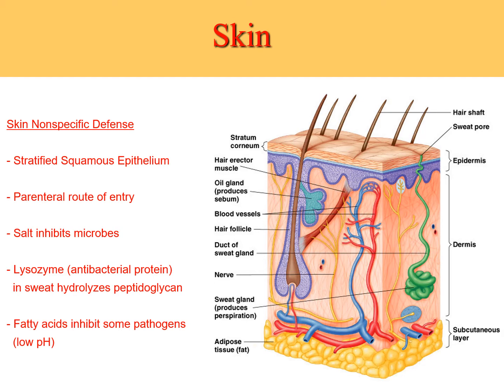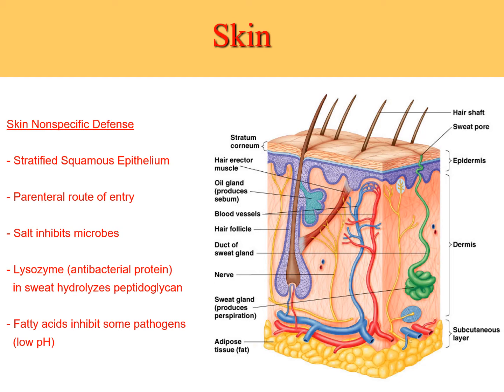Now, direct entry through the skin, through the stratified squamous epithelium, can occur due to puncturing. This is called the parenteral route of entry. The skin has sweat glands, and they produce perspiration, which is high in salt concentration, so there's a higher salt level on the skin, and salt itself inhibits microbial growth.